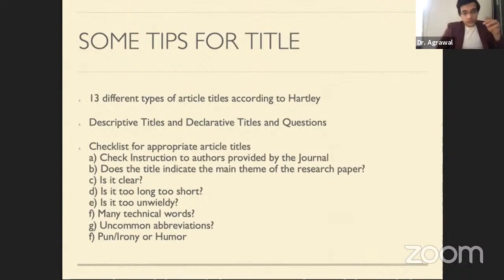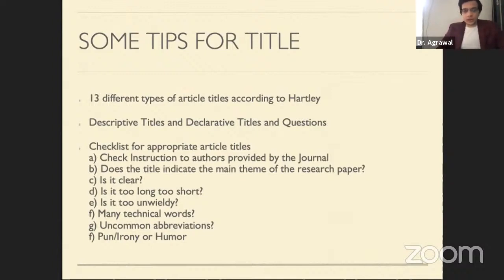And there is a short checklist for appropriate article titles: it shouldn't be too short, shouldn't be too long, it should be clear, not have many technical words, and it should not have any uncommon abbreviations like, say, TBD. If you're using TBD instead of TB, where you're saying TB disease, that would make no sense to a person reading that title. Maybe they would just let that article go before reading it.